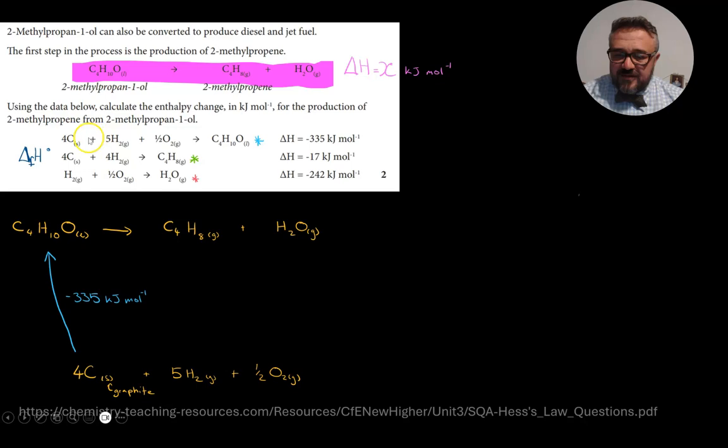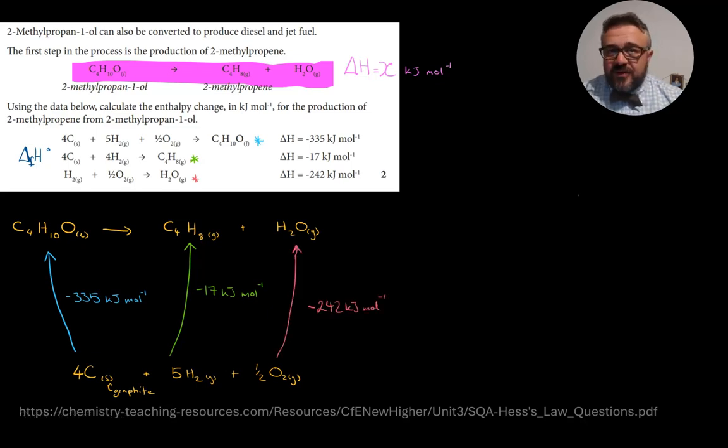See, all of the stuff in this equation is down here, and it goes up to that. When you're using enthalpies of formation, you actually don't need to balance it down here. You've just got to balance it up there. That's the important part. Our next one is minus 17 kilojoules per mole. Notice how it's changed direction though. Like this one's going up that way, and this one's going up that way. And the next one is going to be minus 242 kilojoules per mole.